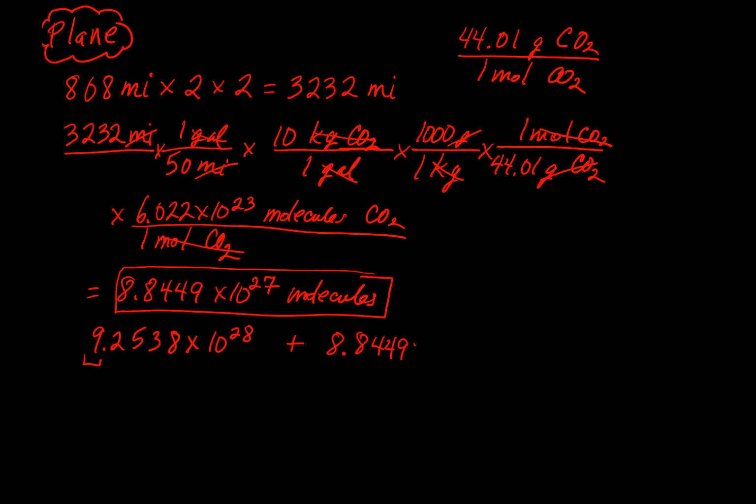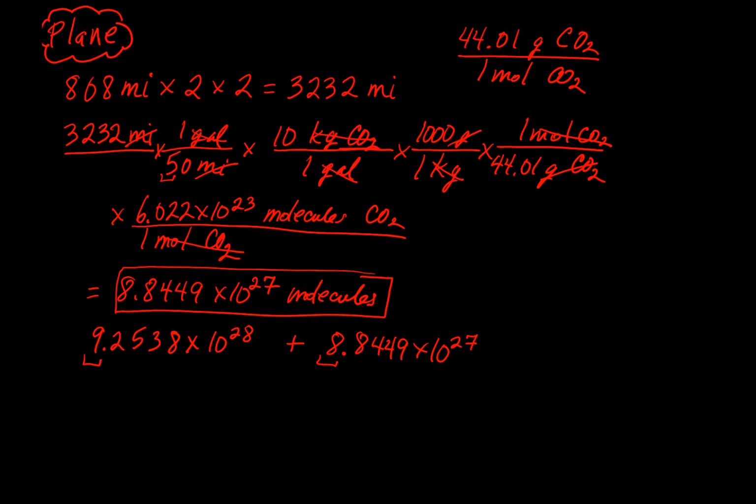And we also want to think about how many significant figures this number has, because when you add numbers together, the rules for carrying significant figures through calculations are a little bit different. So if we look at all of the numbers we used in this calculation, we also only have one significant figure for this value, because the 50 miles per gallon, 5 is the only significant figure.